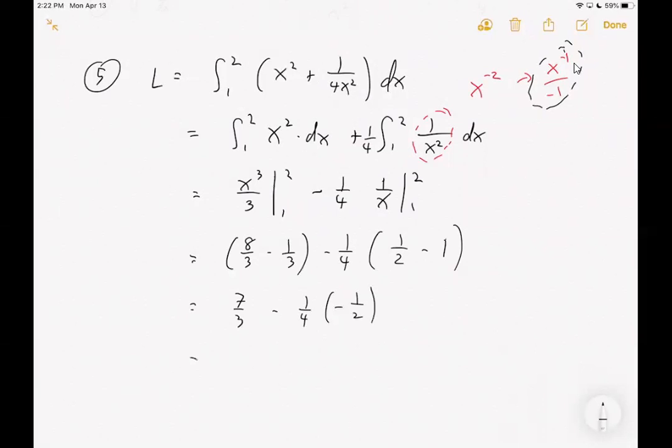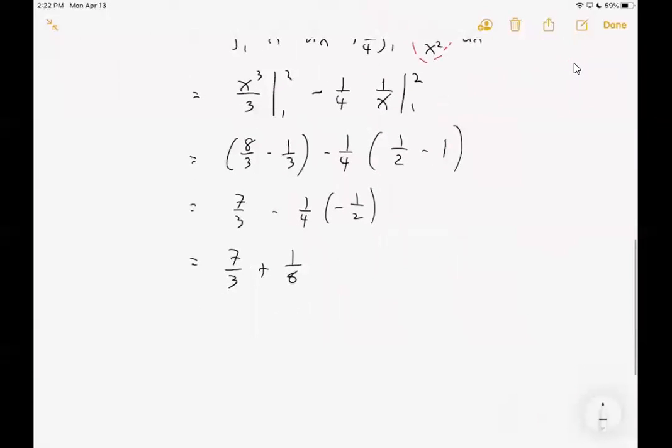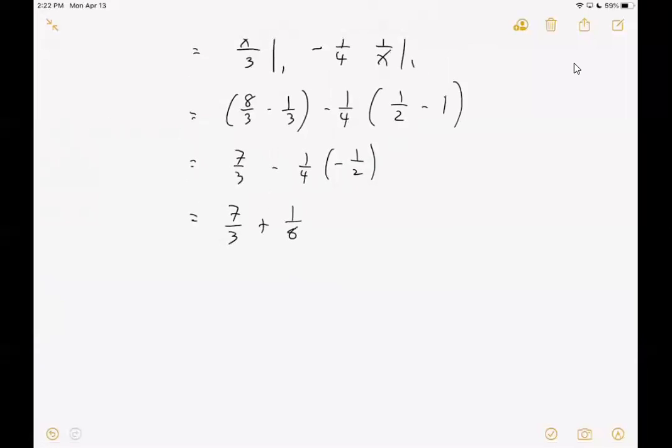So that's just 7/3 plus 1/8. If we keep on going, we need a common denominator of 24, and that would end up being 7 times 8 is 56, plus 3 is equal to 59 over 24.